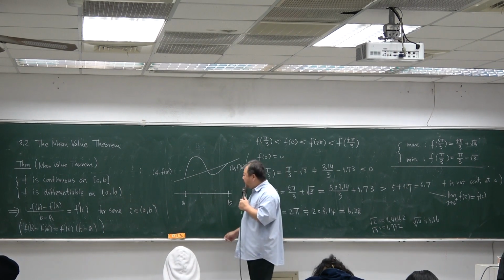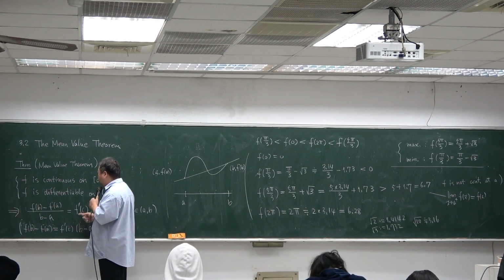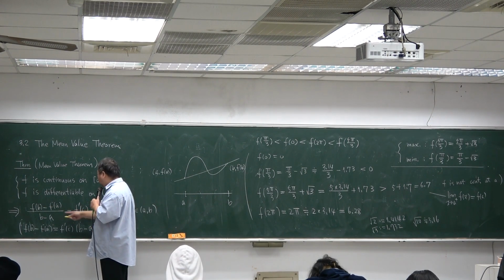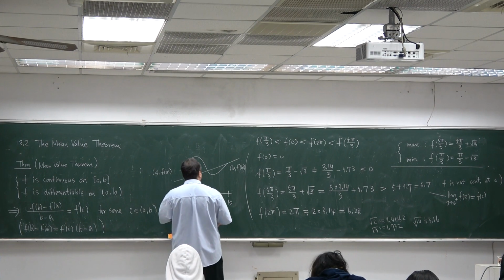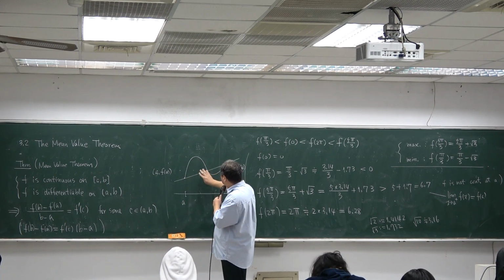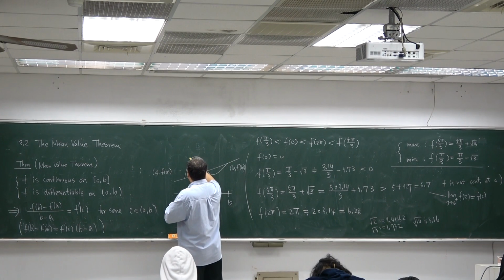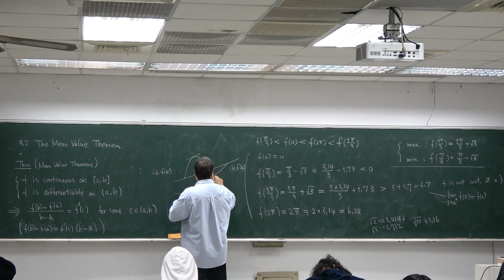Okay, what is f prime of c? It's the slope of the graph at c. Equals this one now. Yes, push parallel up or down, you will find some place.